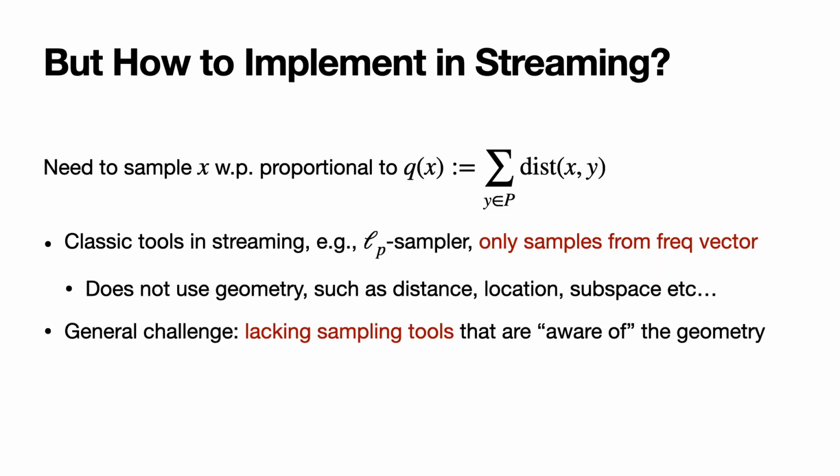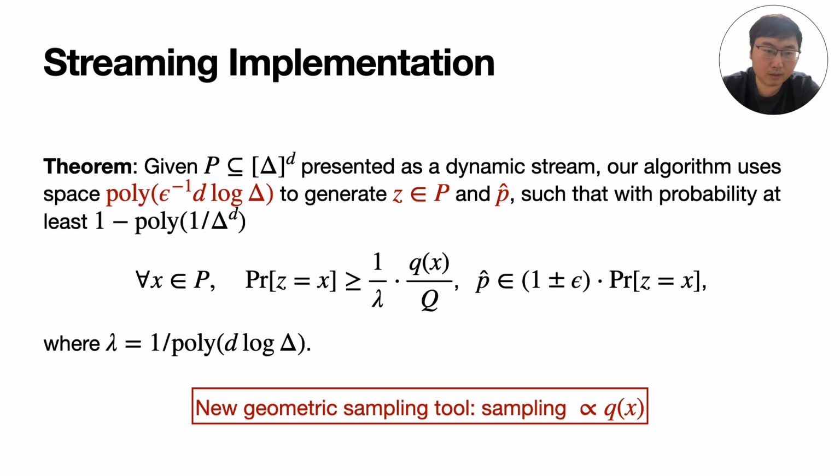But how to implement this in streaming? Well, this is non-trivial, because classic sampling tools in streaming, such as L0 sampling, are mostly defined on the frequency vector. However, this frequency vector does not use the geometry, and hence it is not suitable for our geometric sampling. In fact, this lack of sampling tools is a general challenge in the study of geometric streaming algorithms.